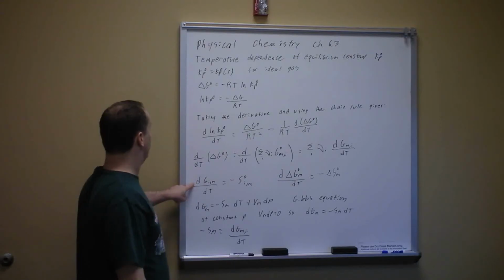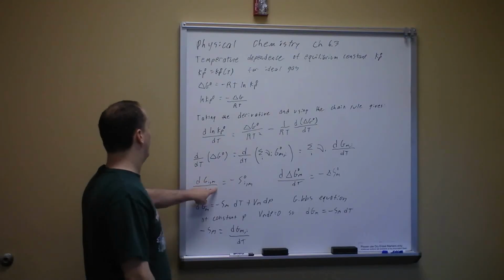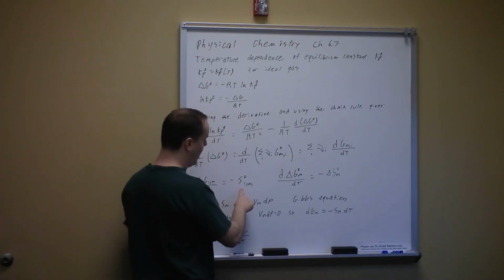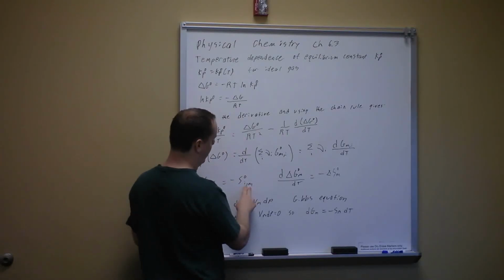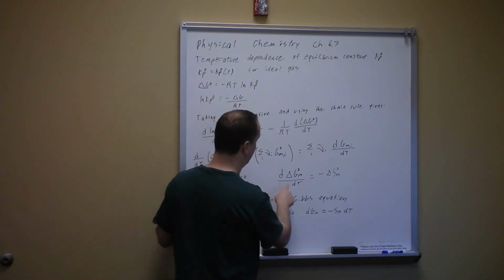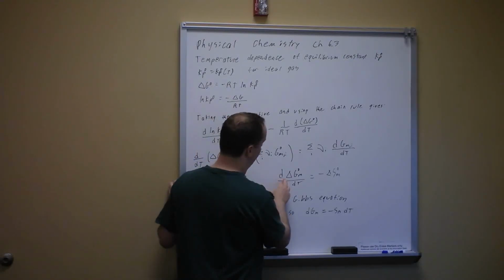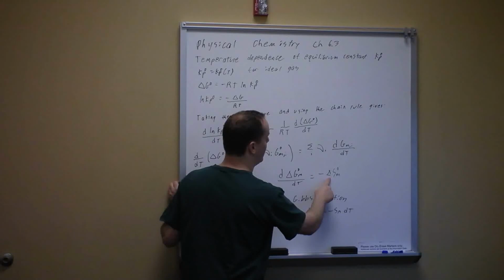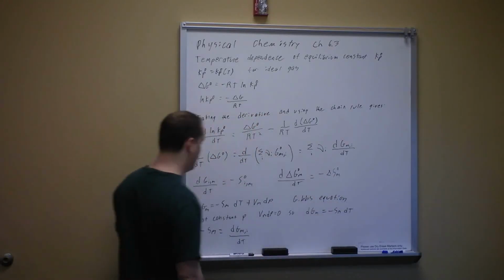So the derivative of G molar for substance i with respect to T is equal to minus the molar entropy of substance i at standard pressure, 1 bar, or the derivative of the change in molar Gibbs free energy naught with respect to temperature is equal to minus delta S molar naught.